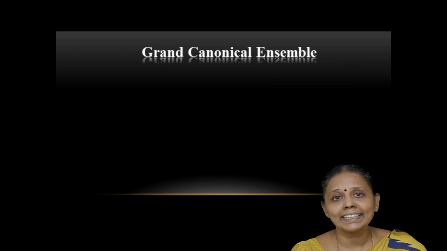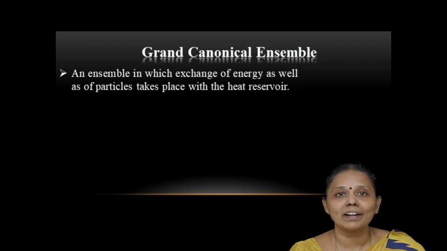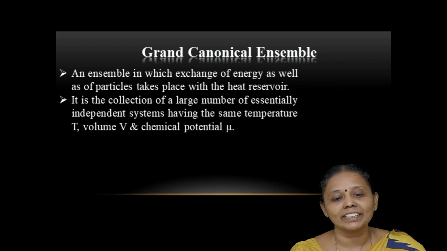Next comes the grand canonical ensemble. The grand canonical ensemble exchanges both energy as well as the number of particles with the reservoir. It is a collection of a large number of independent systems and it attains the same temperature, volume, and chemical potential. The chemical potential is represented by the letter mu.